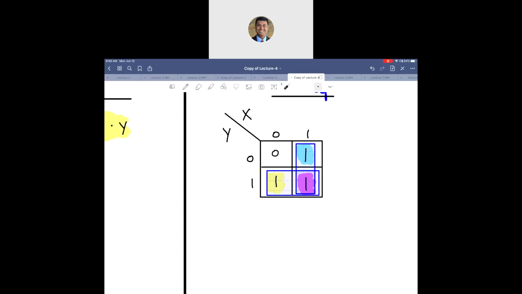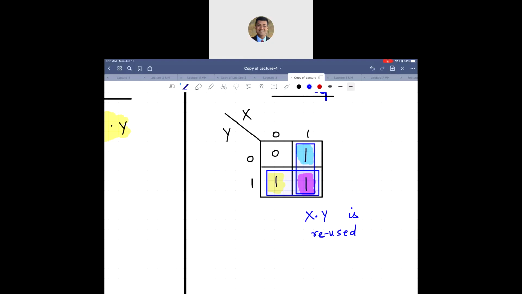This particular cell, the one in the pink, was reused. Which term was that? The pink term was x and y. Do you guys see that? The pink term, the pink one, is being used in 2 cells for combining adjacent ones.